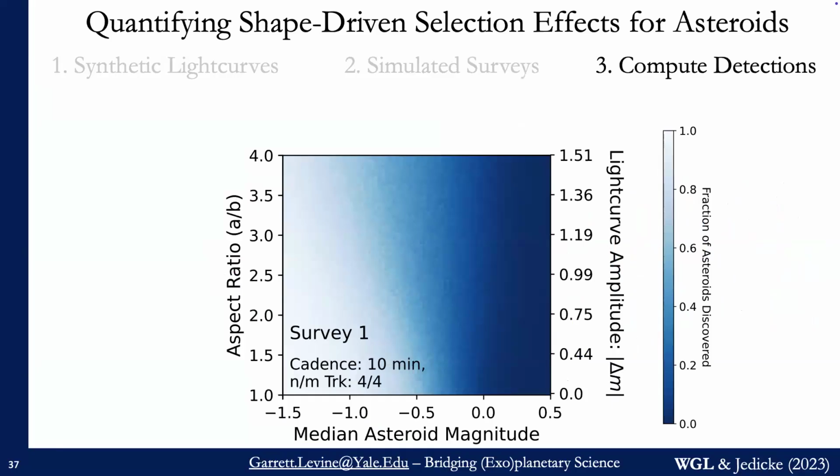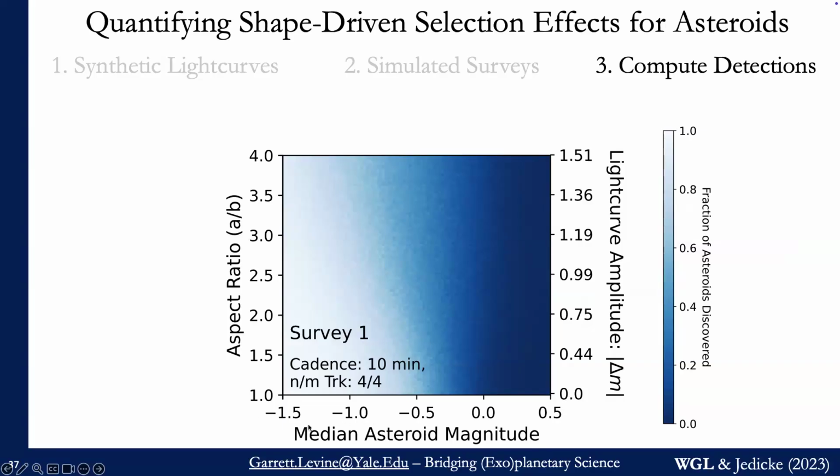This is the figure that is our main result here, where I'm plotting a heat map of the fraction of asteroids discovered versus their aspect ratio, their shape, versus the median asteroid magnitude with respect to the survey's limit, which we can just set at 0. Darker areas are telling us where there are fewer asteroids discovered. If you can see my mouse, the dark area over here is for intrinsically faint, or for asteroids that appear generally faint.